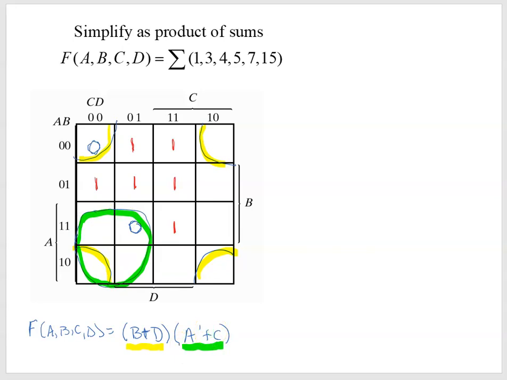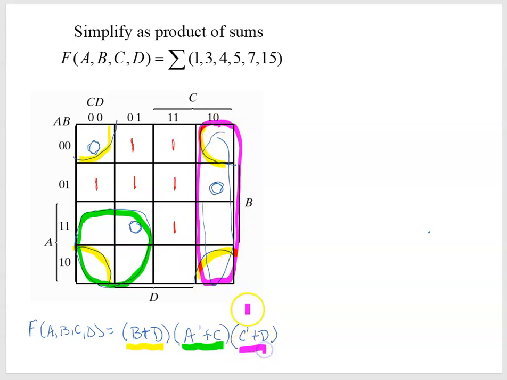Now let's choose another one. We've got to cover these 2, and we've got to cover this 1. If we choose this 0 here, it hasn't been covered. We can encircle that with all 4 of these, so we can take all 4, and that's where C is a 1 and D is a 0. So we use C prime or D, and that's this one here.